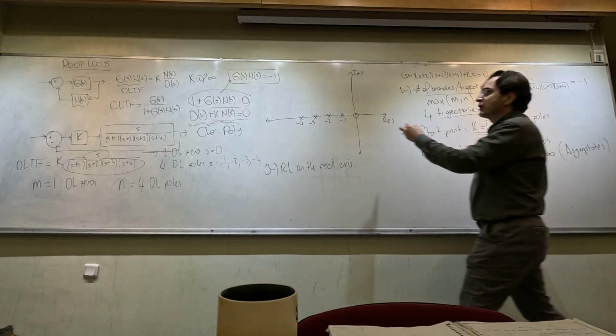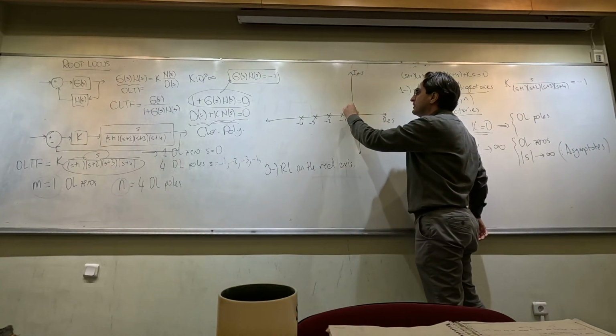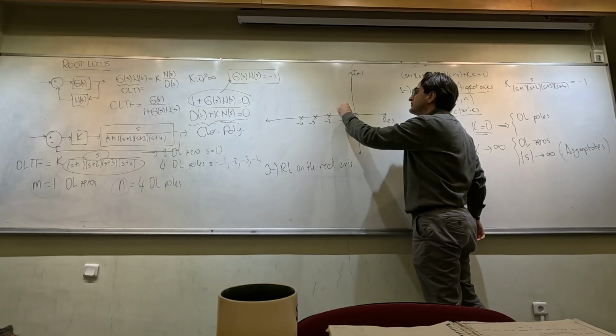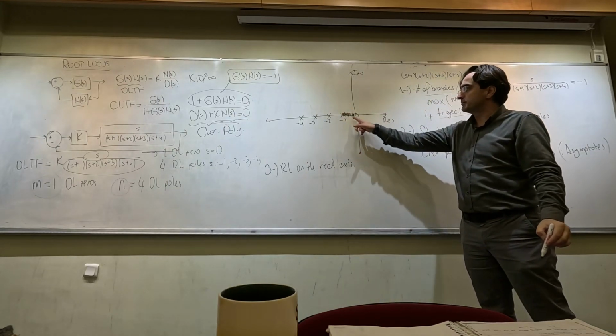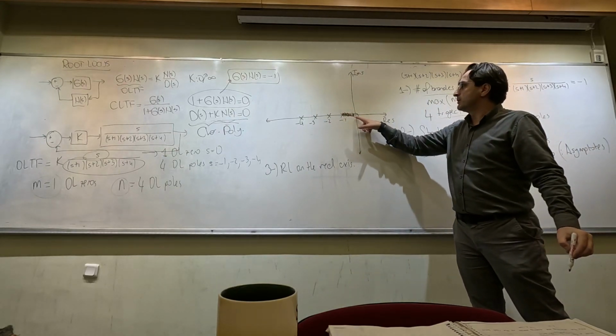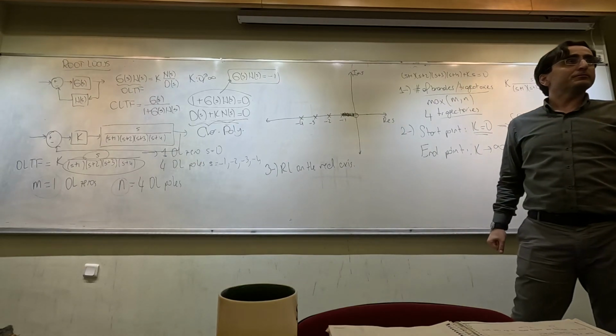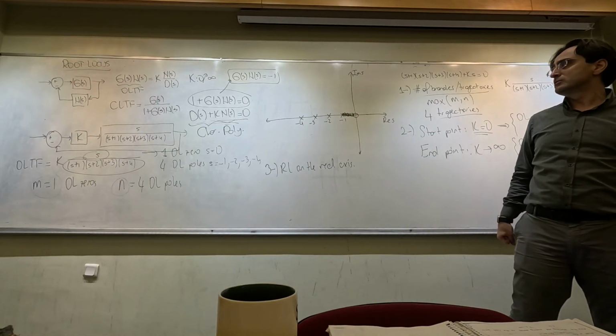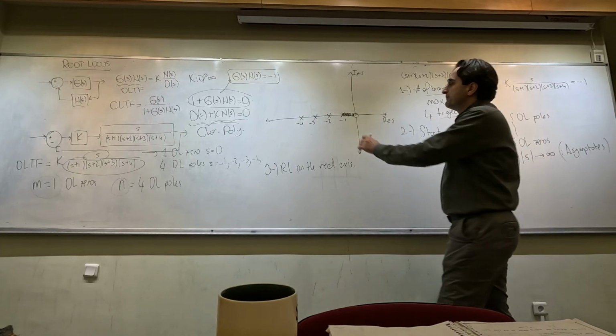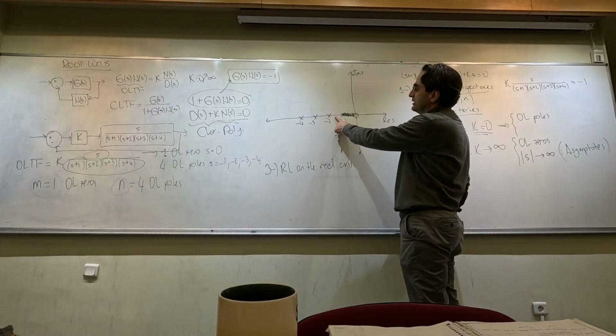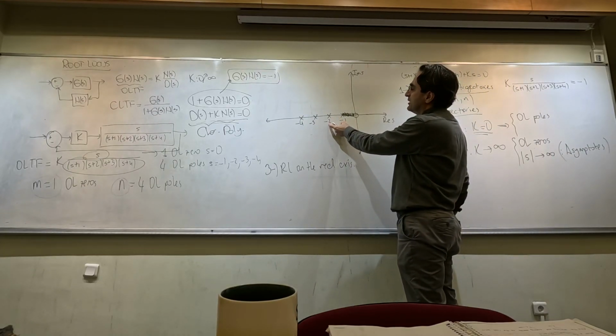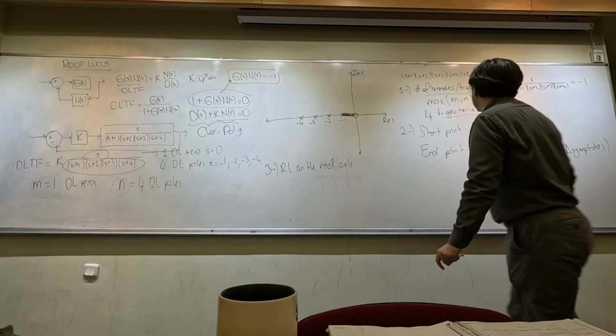That means that for any s in this interval, I'm going to be able to satisfy the root locus equation, meaning that any number in this interval on this part of the real axis will be included in the root locus. If I look at this interval here, then I have a number s between minus 1 and minus 2, a real number again. Okay?